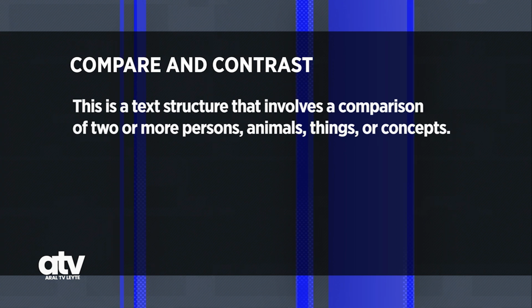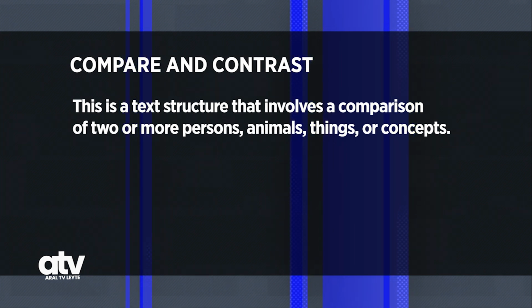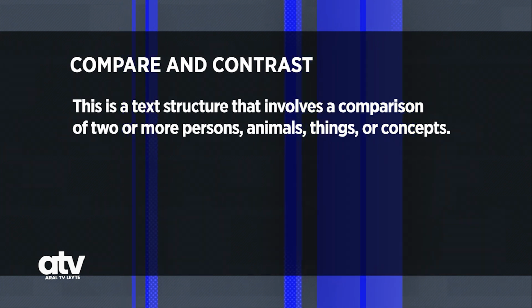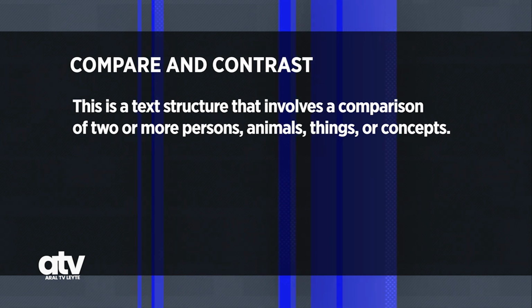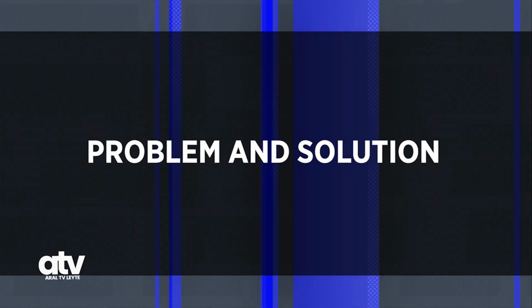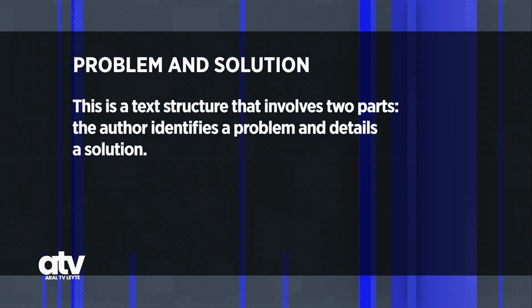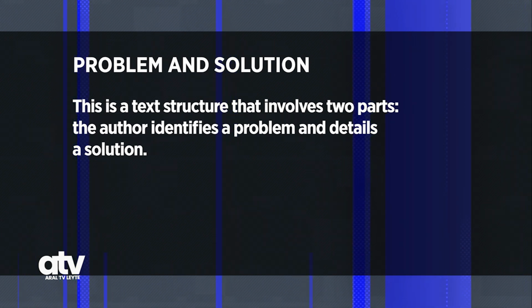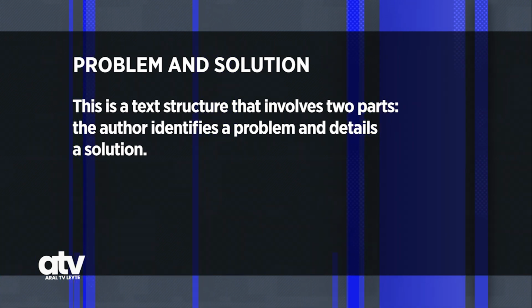This is a text structure that involves the comparison of two or more persons, animals, things, or concepts. Fifth is problem and solution. It is a text structure that involves two parts. The author identifies a problem and details a solution.